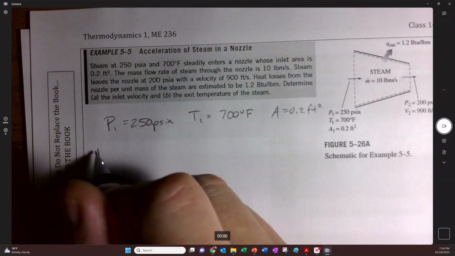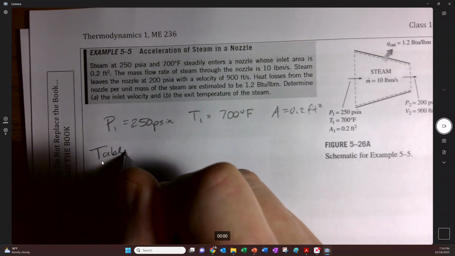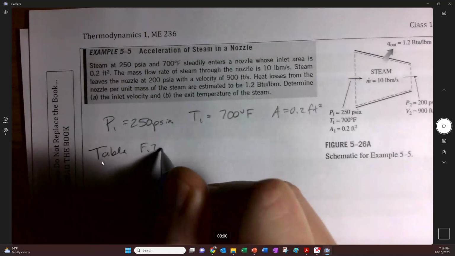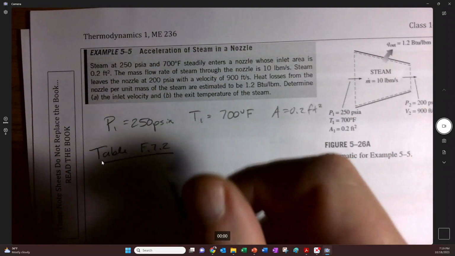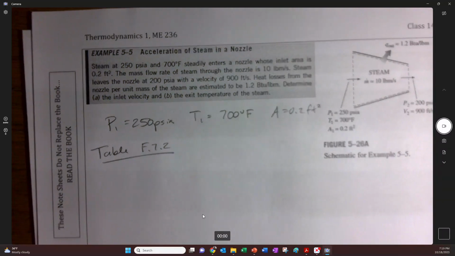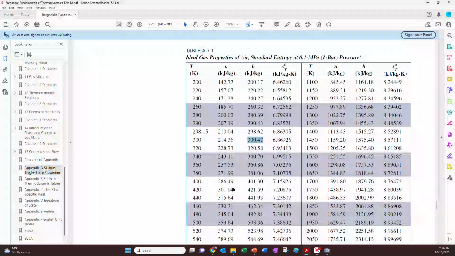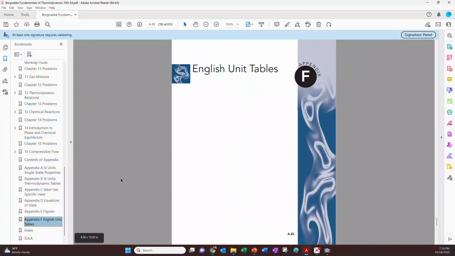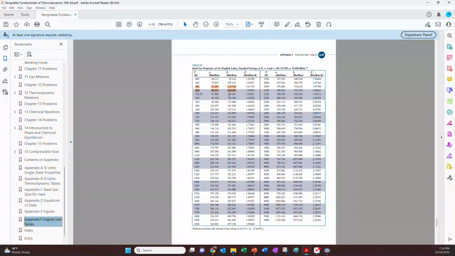And so we can enter table F.7.2. Let me get rid of these.